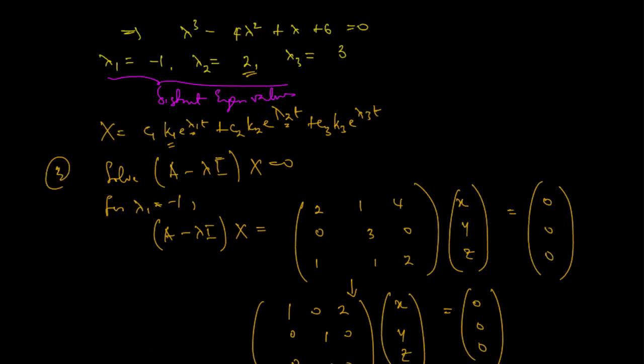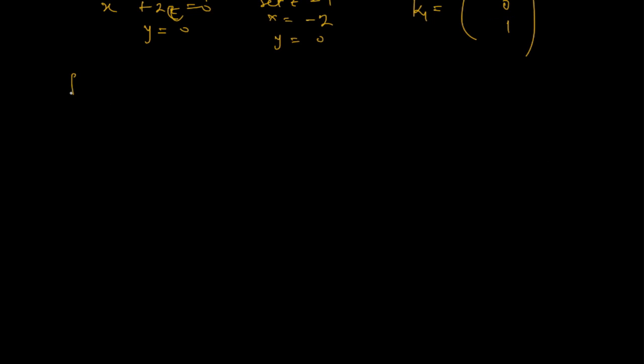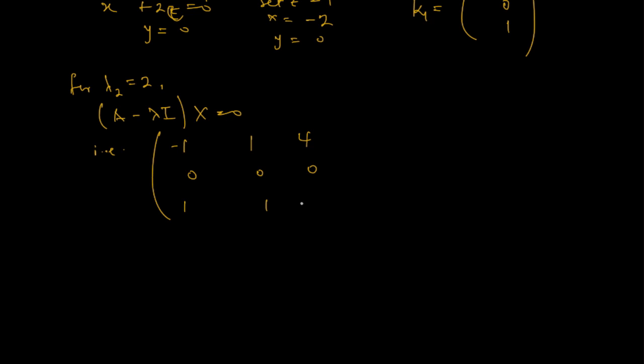The next thing is to find the eigenvector that corresponds to the next eigenvalue, which is lambda 2 equals 2. To find the eigenvector, I'm going to solve A minus lambda I times x equals 0. A minus lambda I is just deducting lambda from all the diagonal entries, and what we have there is negative 1, 1, 4, 0, 0, 0, 1, 1, negative 1, times x, y, z equals 0, 0, 0.